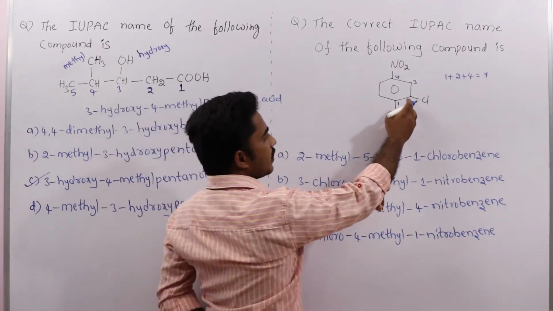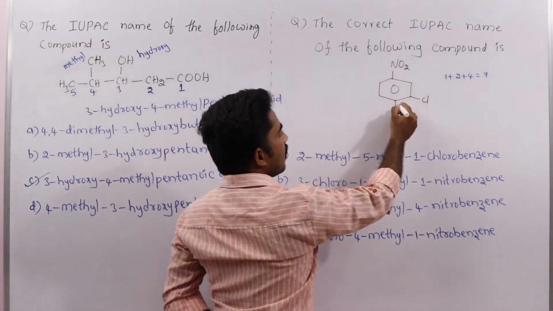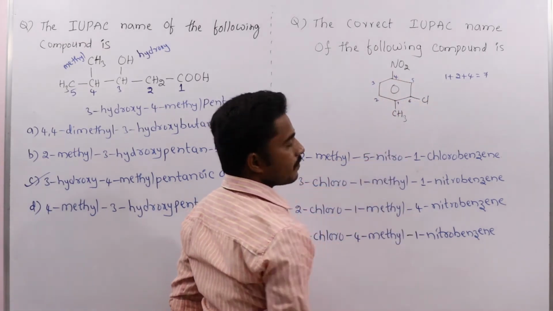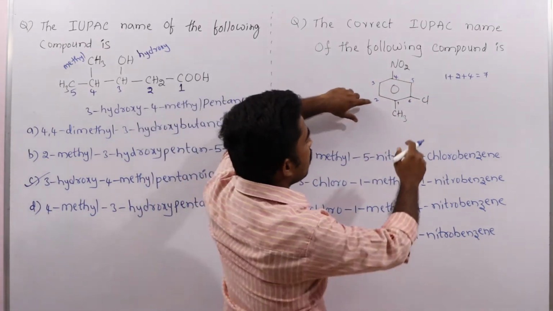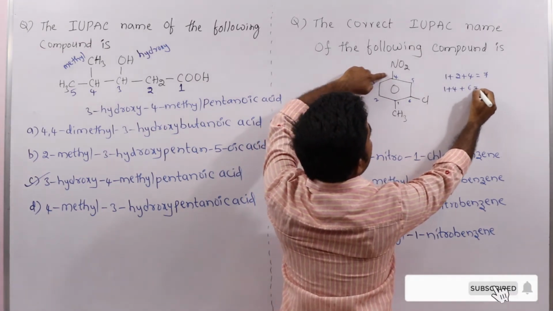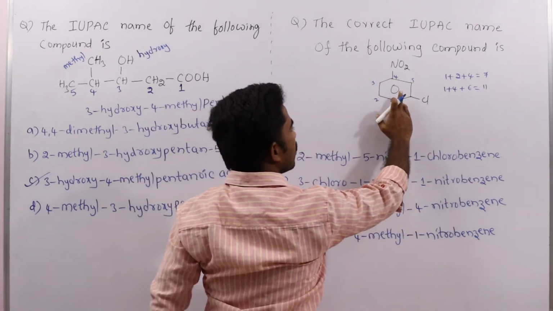If we number in this other way, 1, 2, 3, 4, 5, 6, the substituents are at positions 1, 4 and 6, which gives 11.